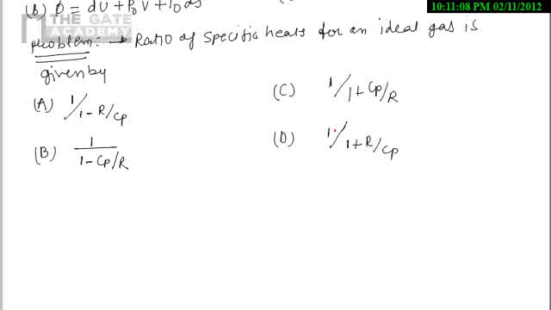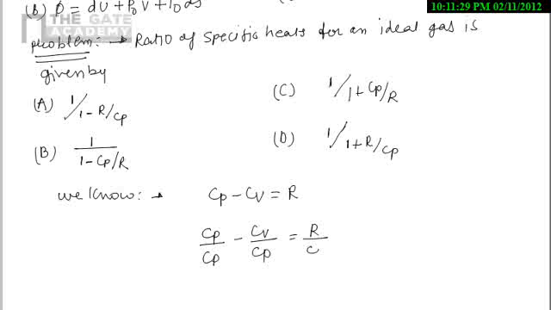We are interested in the ratio of specific heat. So we know Cp minus Cv equals R. Now if we divide the LHS and RHS by Cp, I can write Cp by Cp minus Cv by Cp equals R by Cp. So that is 1 minus Cv by Cp equals R by Cp. Now we know Cp by Cv equals gamma, that is the ratio of specific heat.